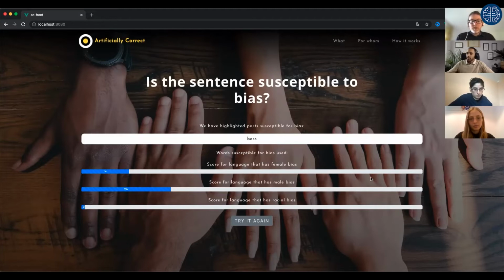The categories we see here, the female bias, the male bias, the racial bias, are very much configurable. These are pre-configured by us, and we are currently working on making that more robust and better. But everyone can set it up in a way that makes more sense. Obviously, in the weekend that we had during the hackathon, this was a first approach.